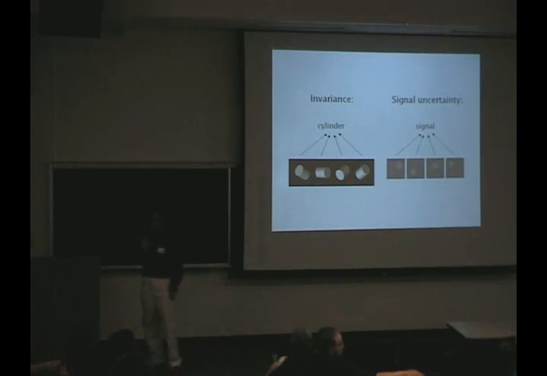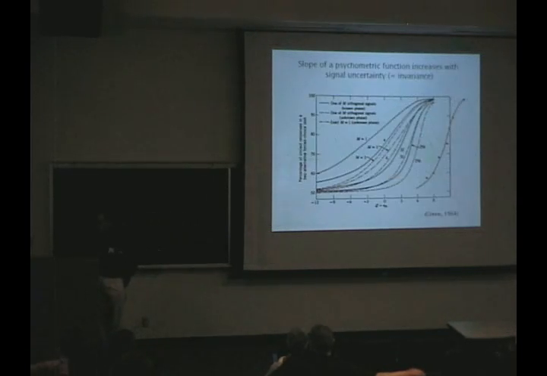Now, the notion of signal uncertainty has been studied almost since day one, when people started studying the shape of the psychometric function. These are numbers taken from back in the 60s. And these are not even vision. This is audition. So the orange curve plots the typical human data.